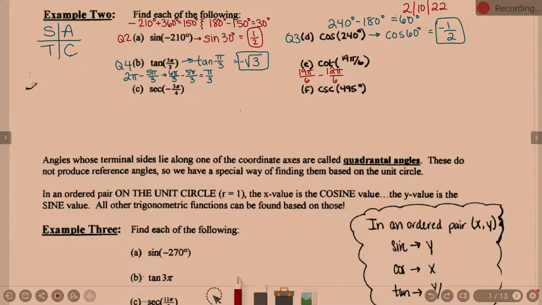In this case, I'm working with 6, so I'm going to subtract 12 pi over 6. 19 pi over 6 minus 12 pi over 6 is 7 pi over 6. Is that a little more reasonable? That doesn't strike me as, oh my gosh, huge. I don't know where to put it. Is 7 pi over 6 on our unit circle? Now we can work with something. Where does 7 pi over 6 fall? It falls over here in quadrant 3.